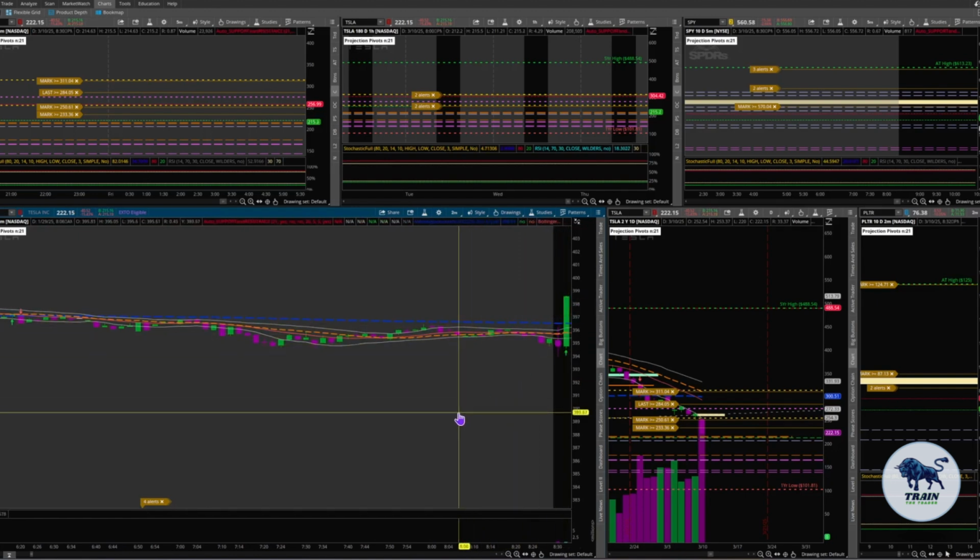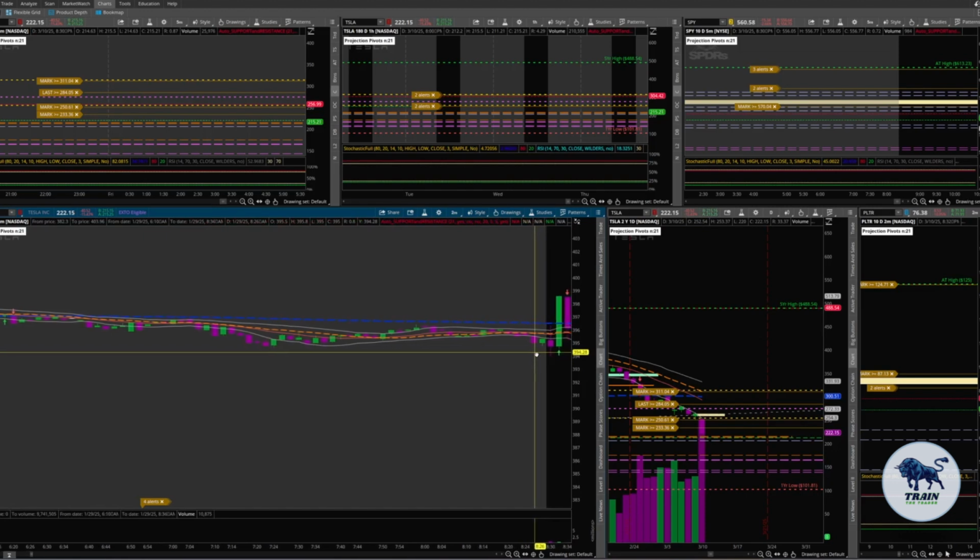Now I'm sitting on my hands because now we're conflicted. We're in a bearish, narrow state, and we have a bullish elephant candle. So we have conflicting rules right now. You should not be looking to enter anything. We have conflicting circumstances.